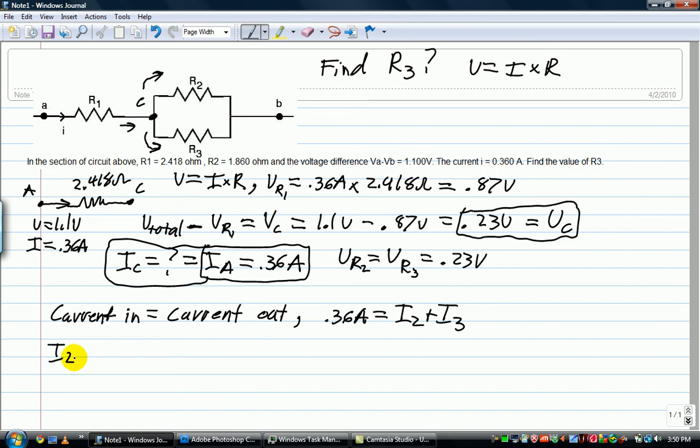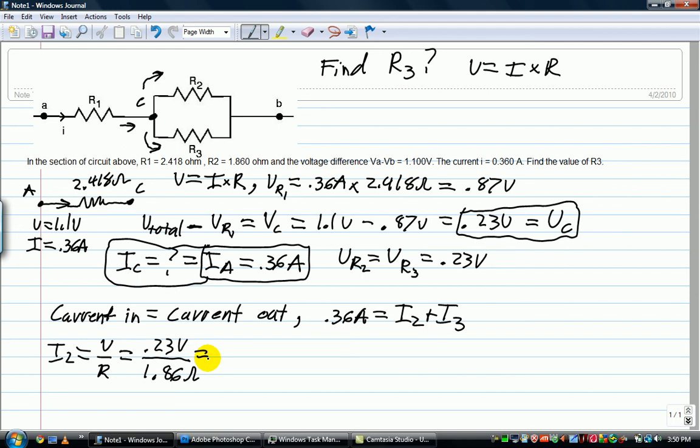So I sub 2, using Ohm's law, current is equal to voltage divided by resistance. We know that our voltage going across it, since it's a parallel connection, is 0.23 volts, and we know our resistance is 1.86 ohms. With that, we can calculate the current.